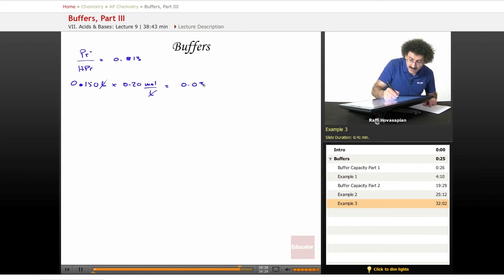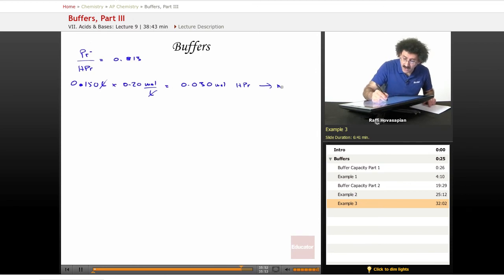That means there are 0.030 moles in that 150 mils. Wait a minute, I'm using HPr. Yes, that's right. Moles of the HPr.